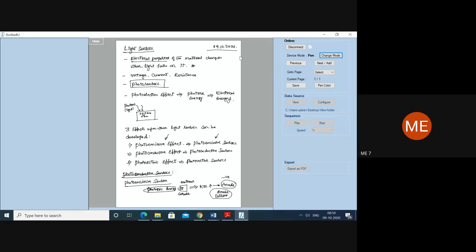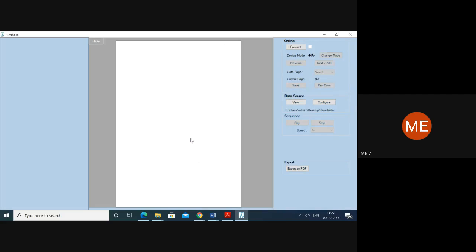Now, we'll go to the next page. Two different types of photoemissive sensors are present. The first one is called the tube electronic sensor.